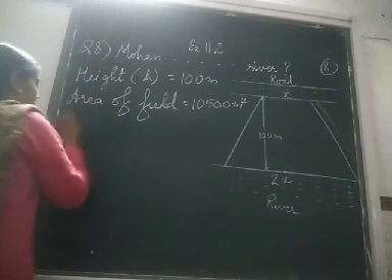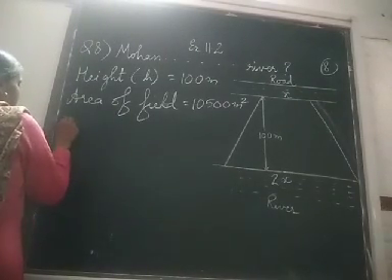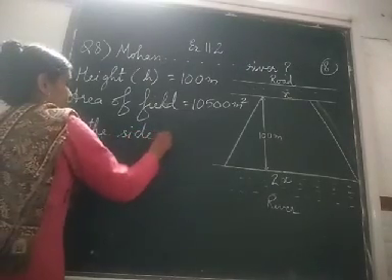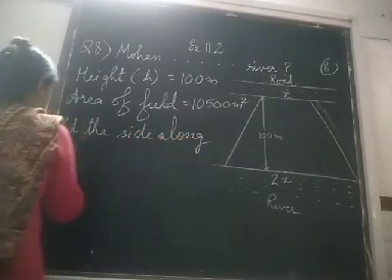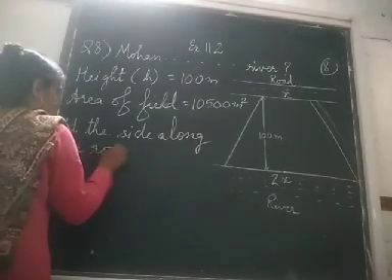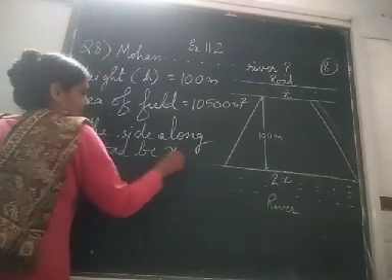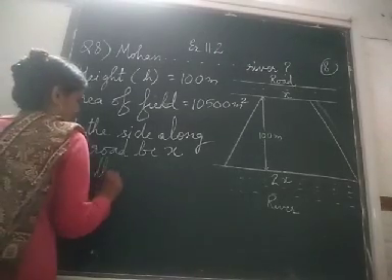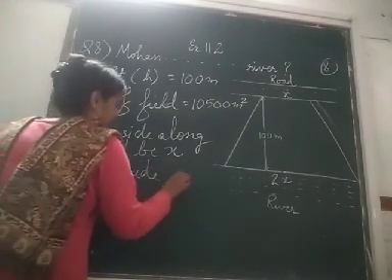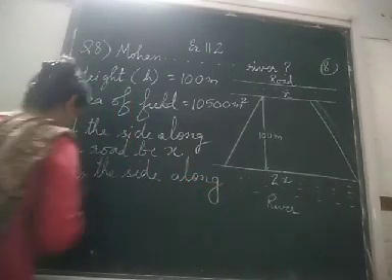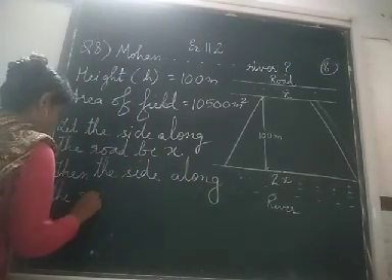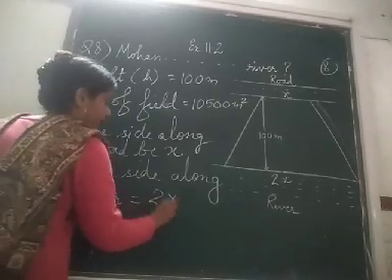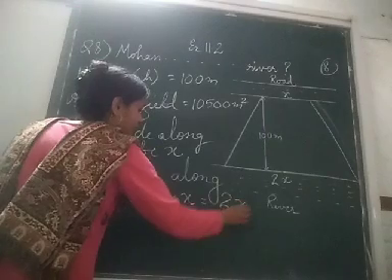So let the side along the road be x. Then the side along the river is equal to 2 into x, which is 2x.